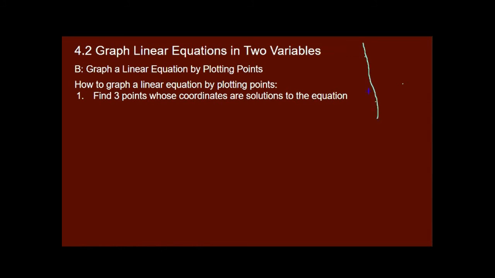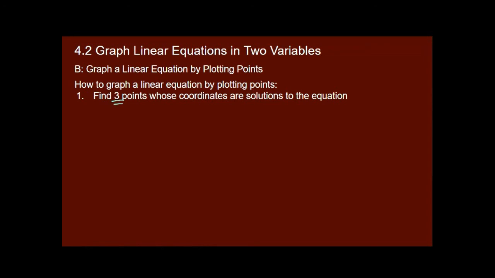I either have to draw here or here or here, but there's not one line that contains all of them. Then I know that at least one of my points is wrong. I did one of my calculations wrong. So by finding 3 points, it's going to help you check to make sure that you are finding the correct points for the line. So find 3 points whose coordinates are solutions to the equation.